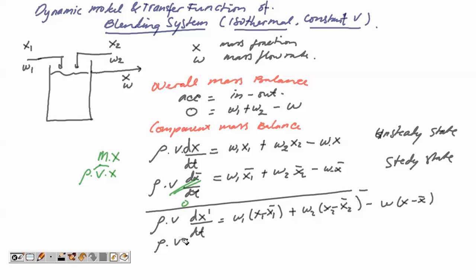So we get rho V dx prime over dt equals W1 x1 prime plus W2 x2 prime minus W x prime.